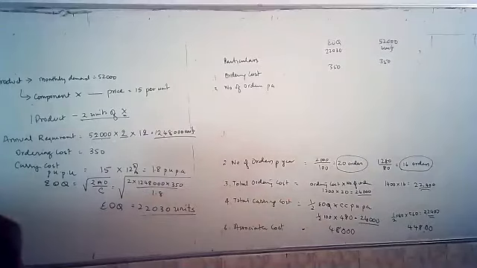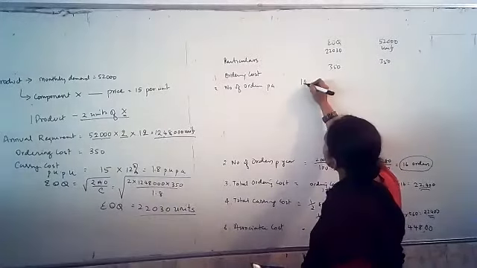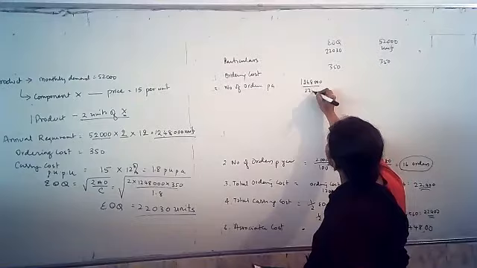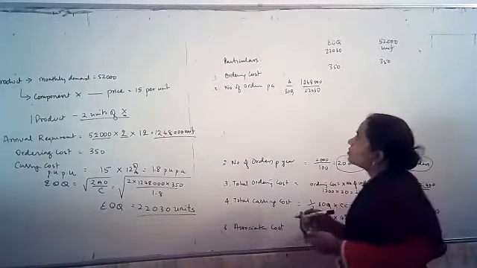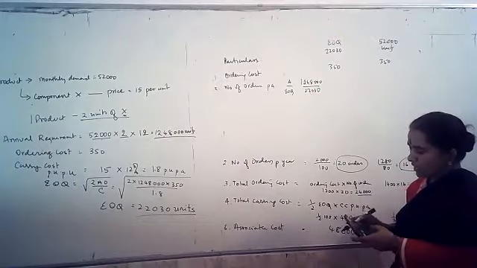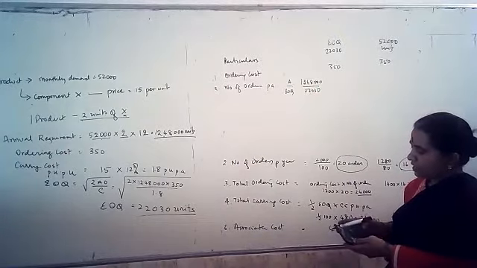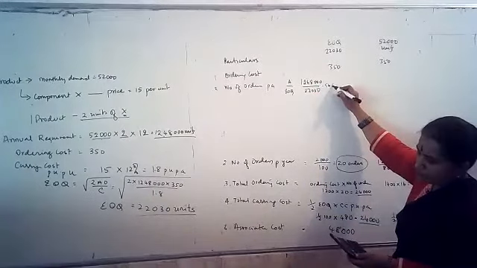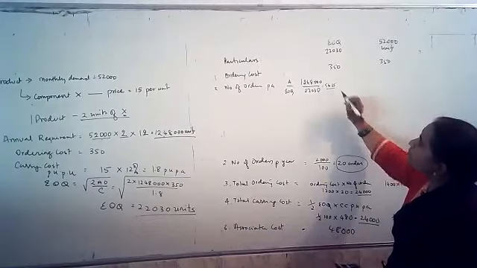How many orders will I post for 12 lakhs 48,000 units divided by 22,030? Annual requirement divided by EOQ, that is 12,48,000 divided by 22,030, which is 56.65. So 56.65 is the number of orders.